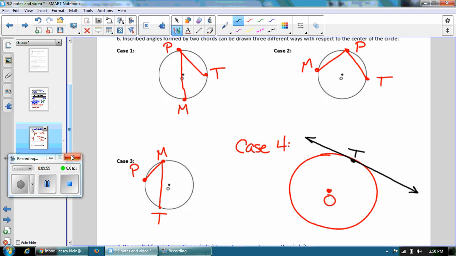The point of tangency would be labeled T. And we need an angle, so let's go ahead and draw another line from point T through O. Those are also two examples of inscribed angles.